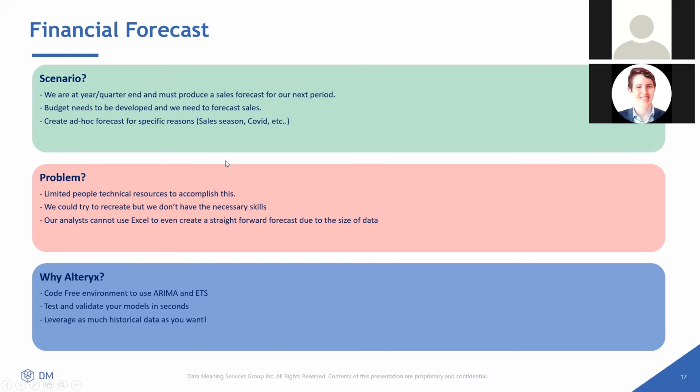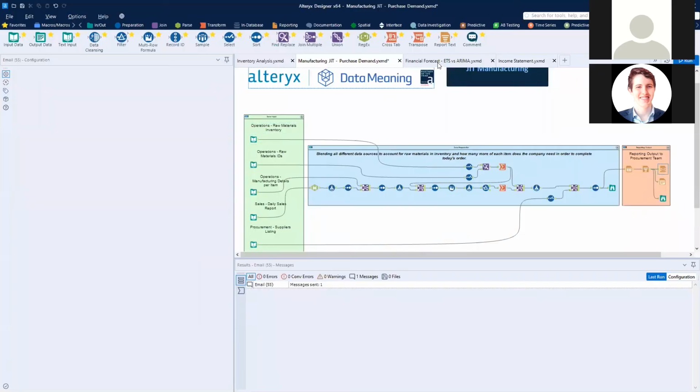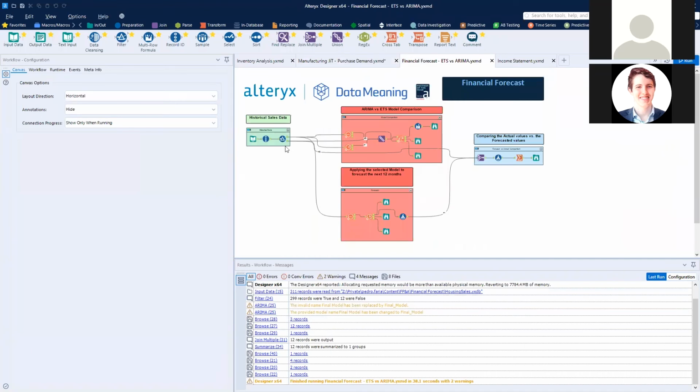Okay, so let's then talk about the model inside of Alteryx. As I mentioned, Alteryx gives you the option of manipulating everything in a way that you did not have before. So for example, I can input all my data sets and manipulate them.